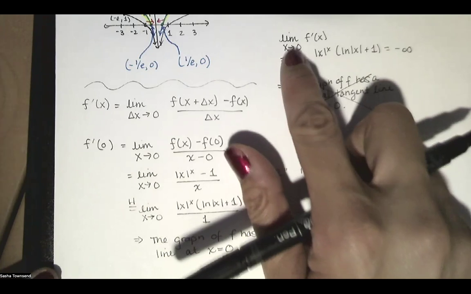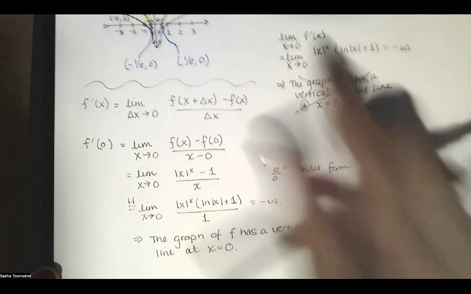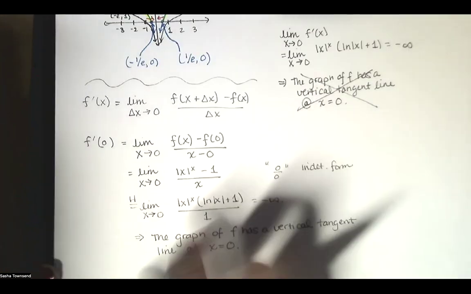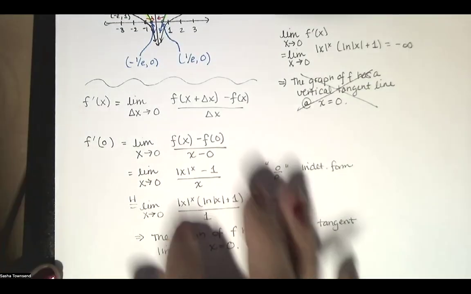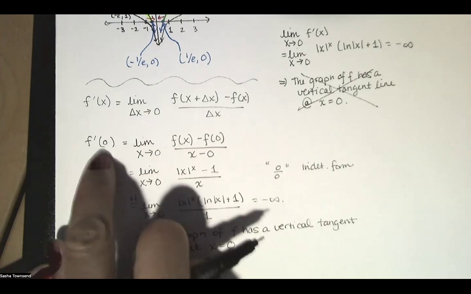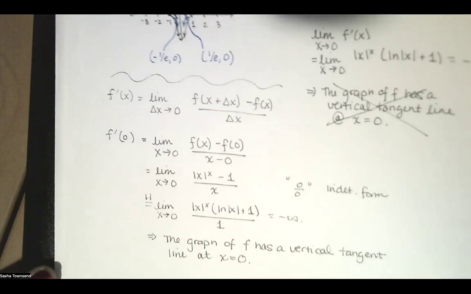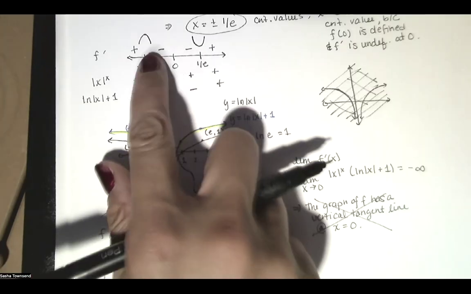I just said, let's compute the limit as x approaches 0 of f prime. And we got the same value, but we really should use the limit definition to see what happens to that derivative value at a particular value of x. Okay. What else? So we know we've got a relative extrema.